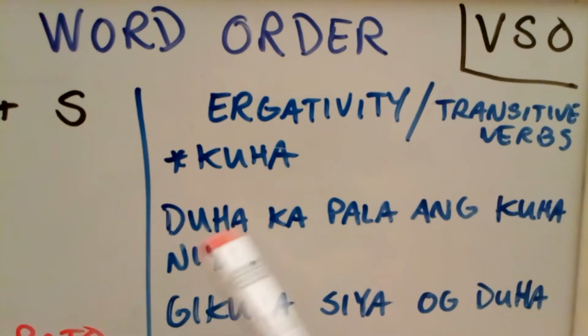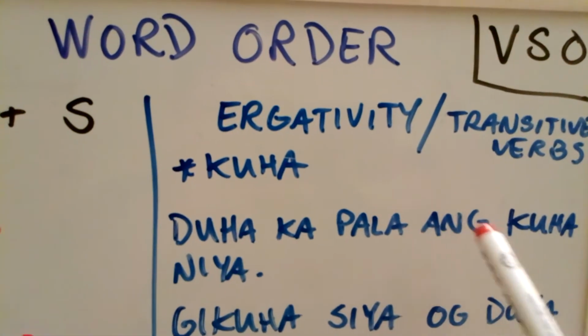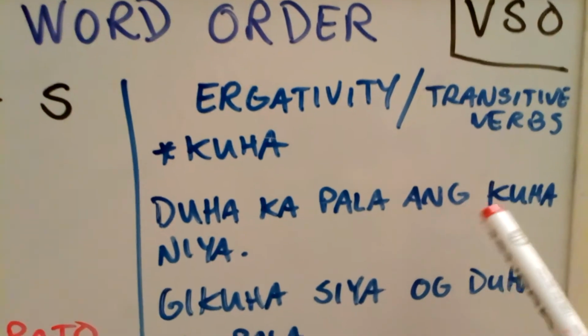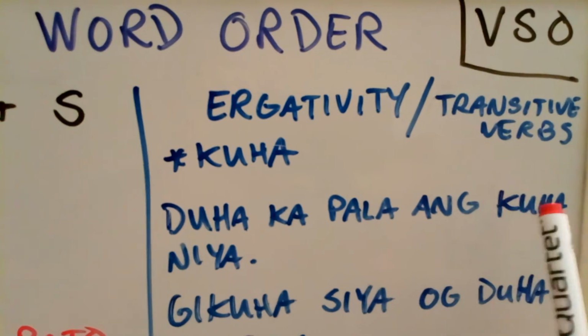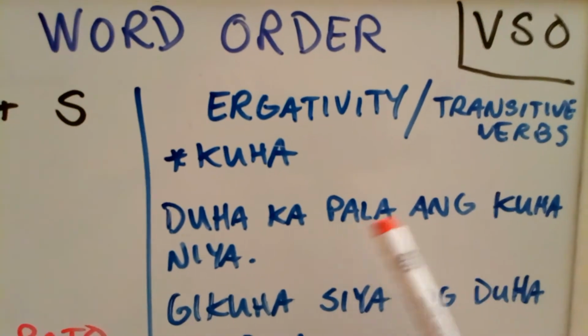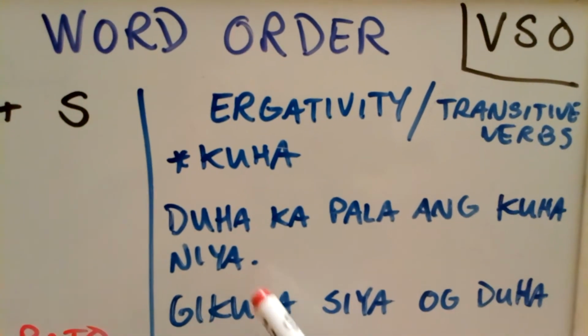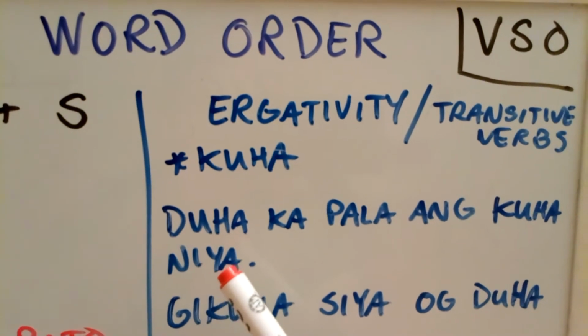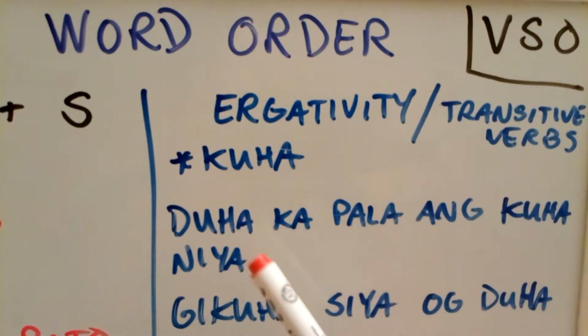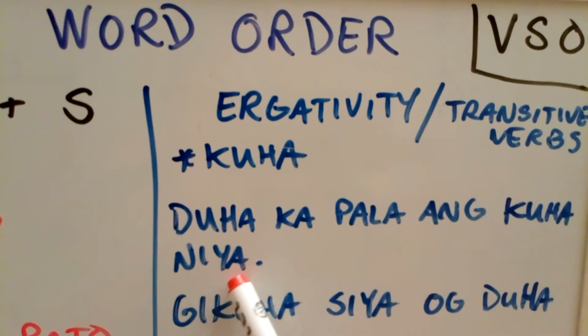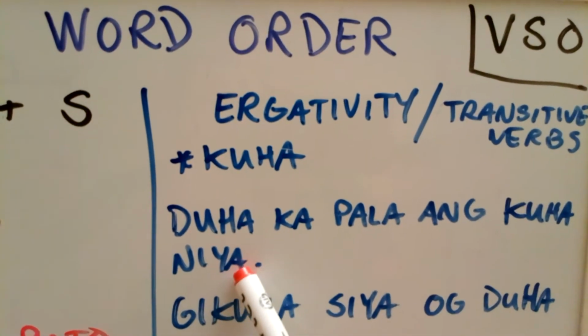So niya was in that ergative form because we wanted to know that some taking was happening. This was our main focus, the taking, right? Okay, who took the taking? Niya. Niya is the one who took the taking. What was he taking? What was the object? Duha ka pala, right? So niya is written in the ergative form.